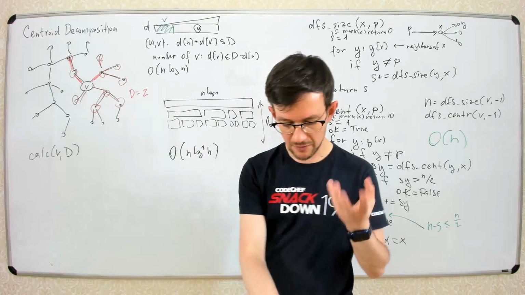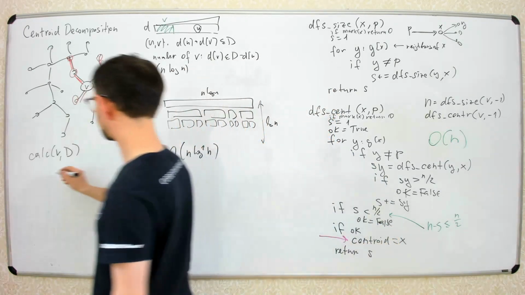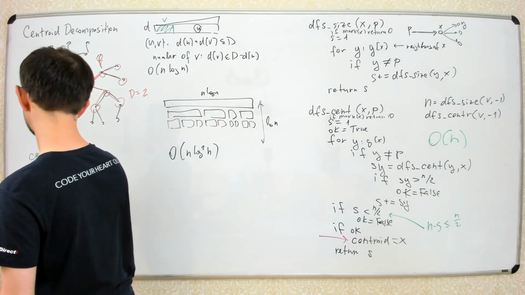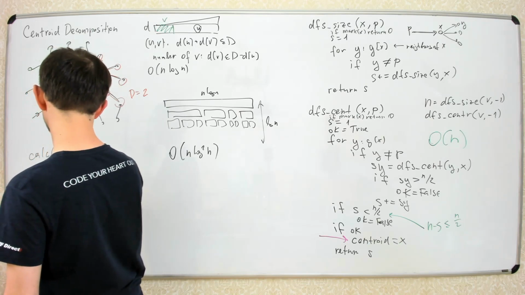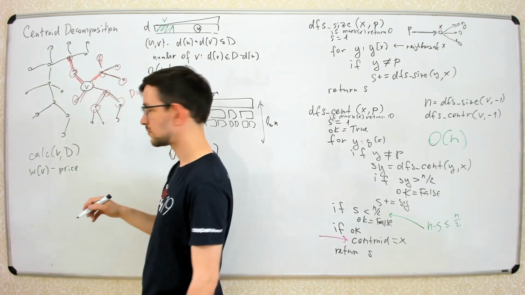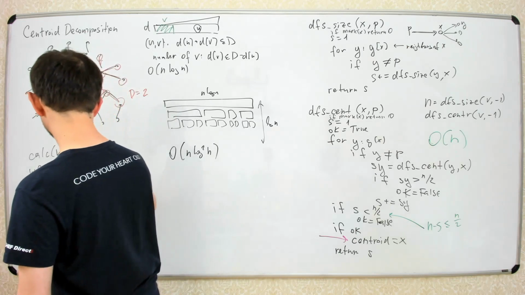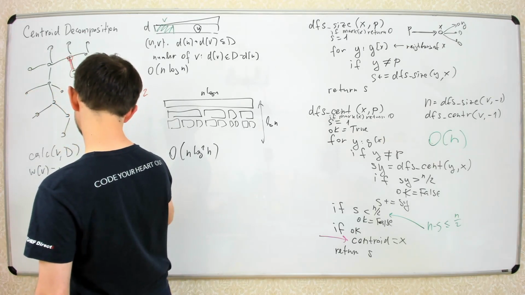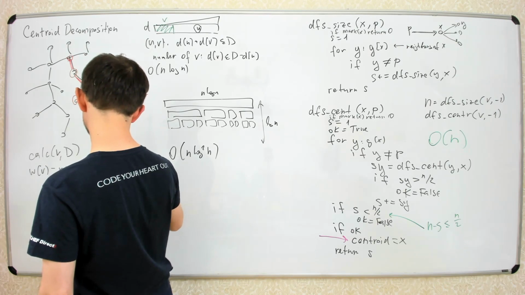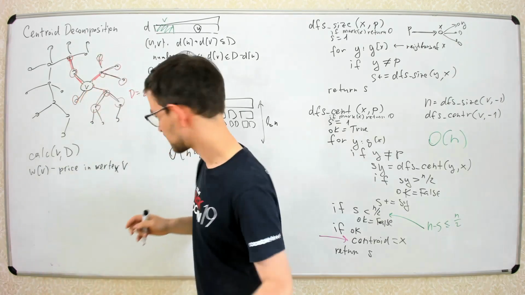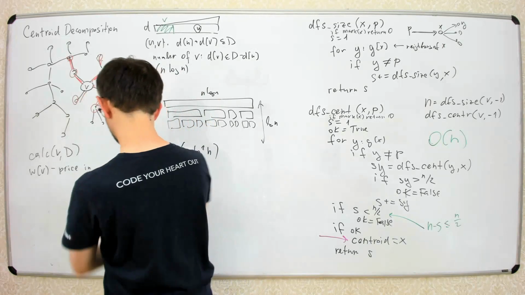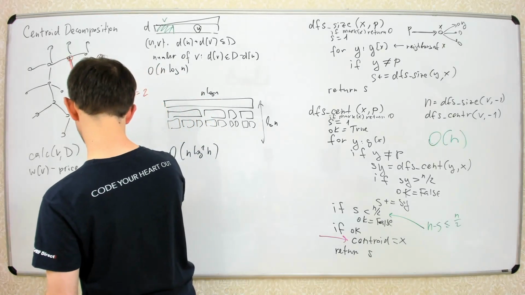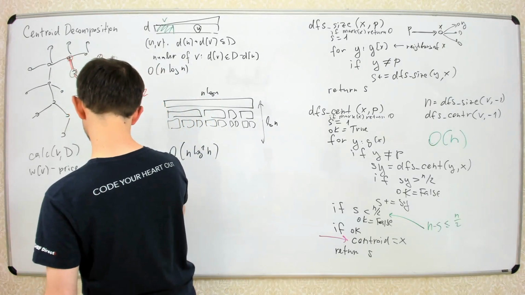So each node has some price: the price of something in vertex v.